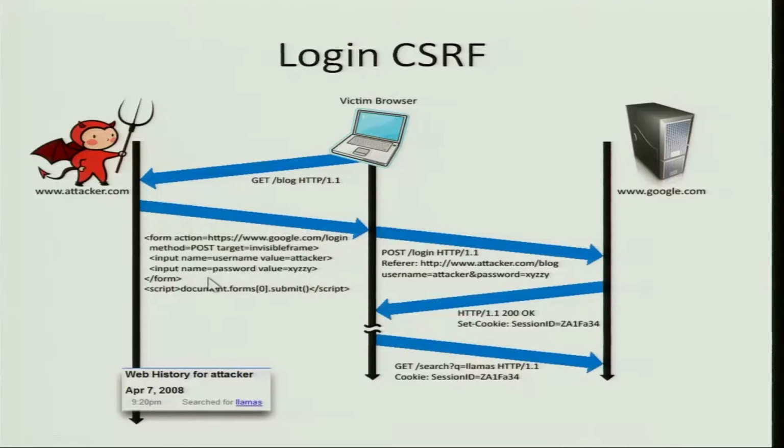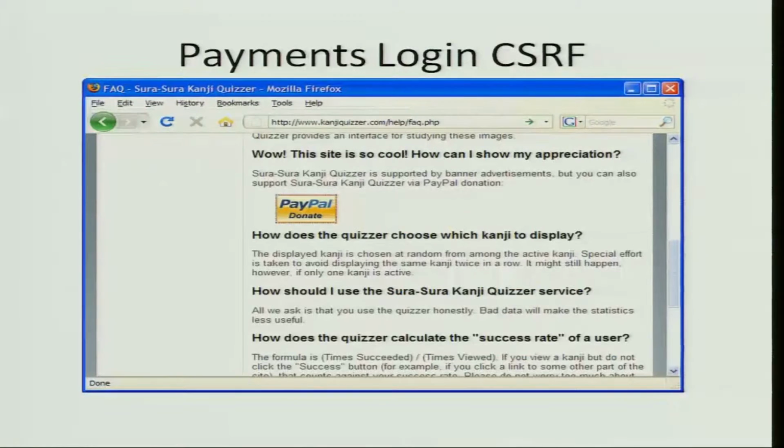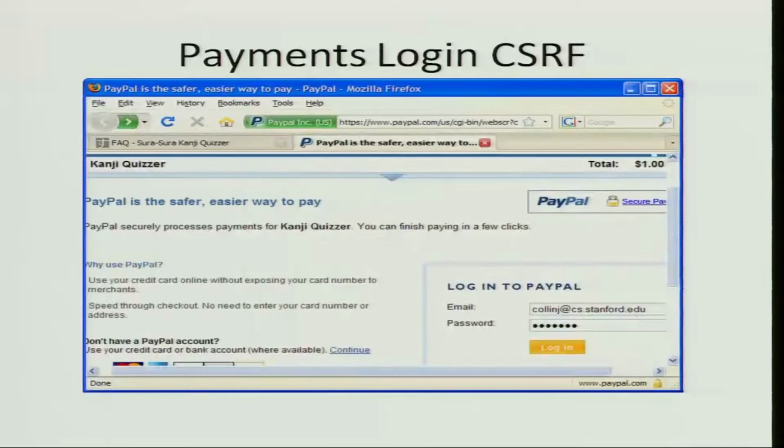It might make you download a piece of code where you are going through an invisible frame into a bad website, and that goes into your browser history, and then you could be implicated for visiting some terrorist website, bomb making website and things like that. Similarly, the payment login CSRF happened in PayPal.